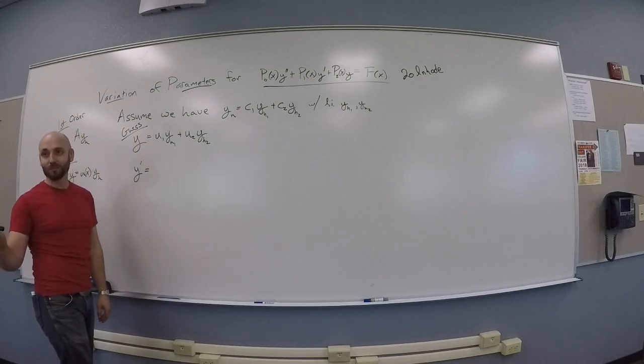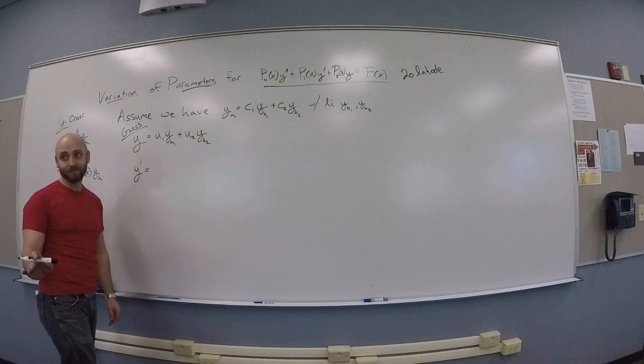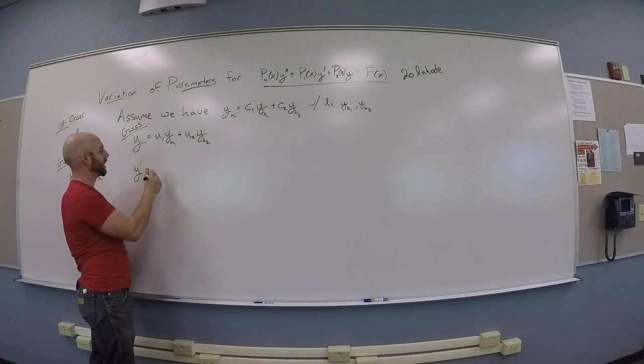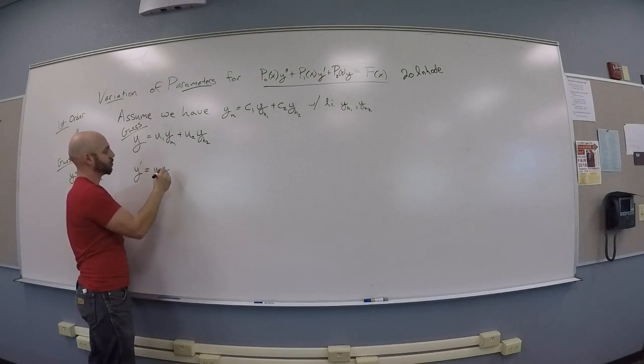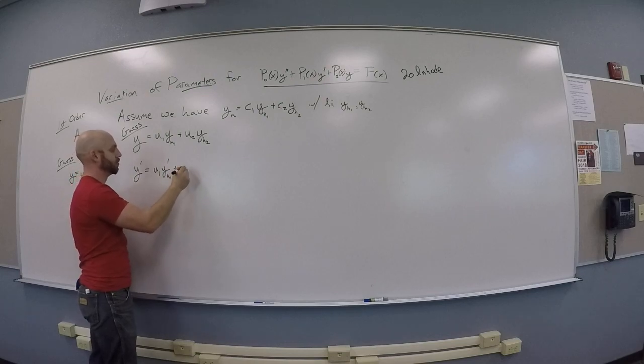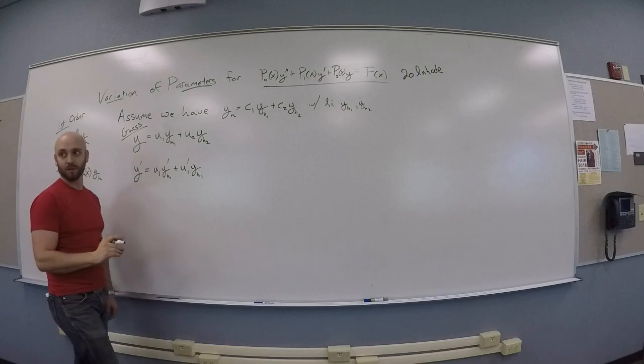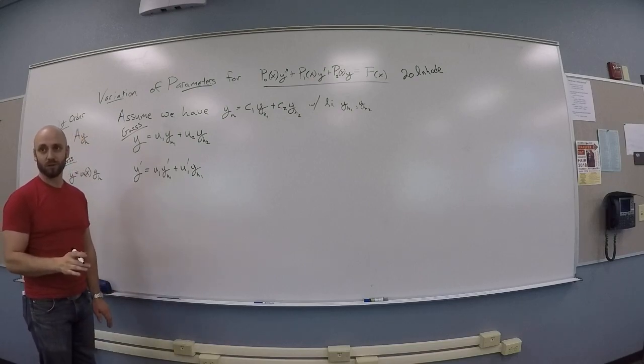So we're going to make an assumption to simplify our lives. The first thing I'm going to do is differentiate. I get u1 yh1 prime plus u1 prime yh1, that's my first product rule.